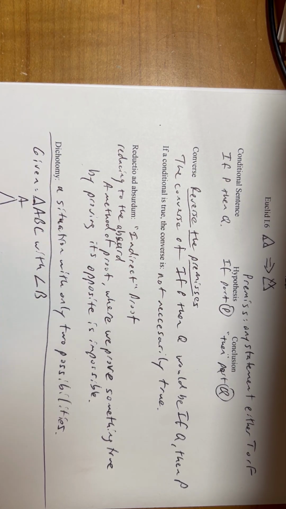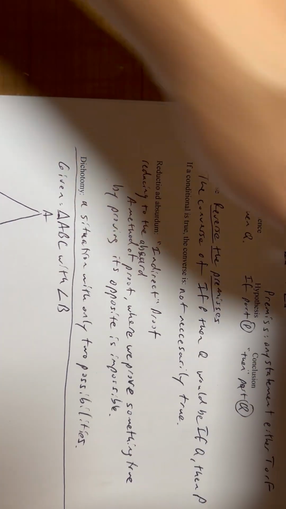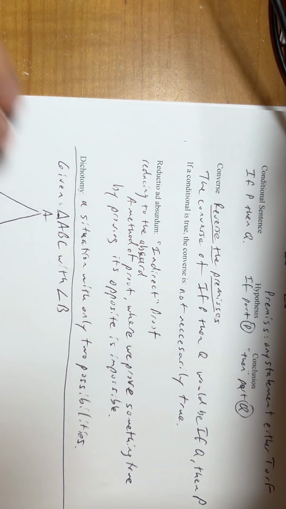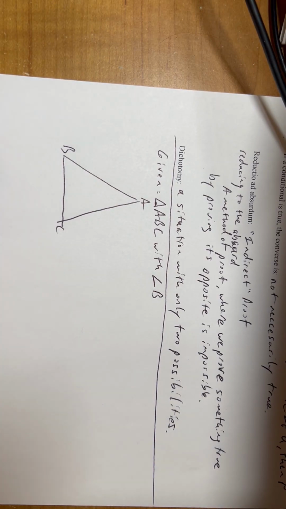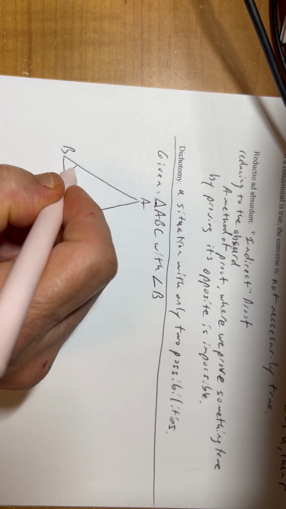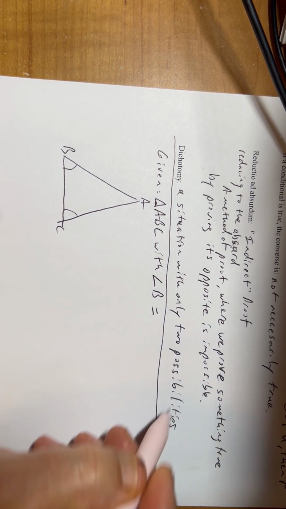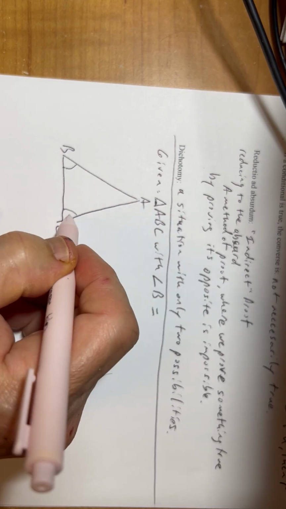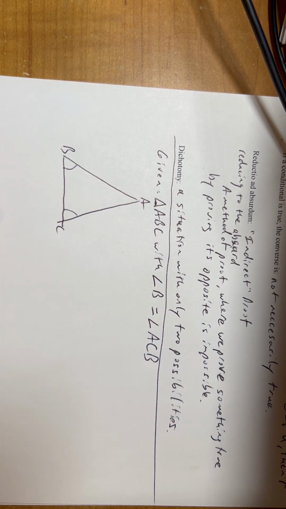A, B, C. And angle B, I'm going to have given to be equal to angle C. Only I'm going to call angle C ACB for reasons that you will find out later. All right?